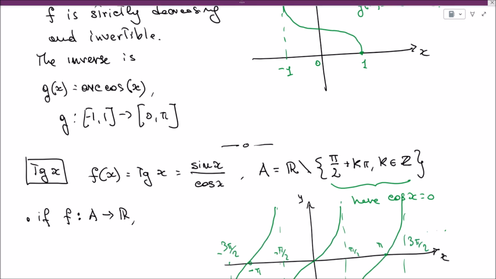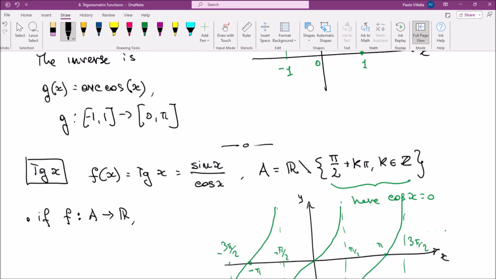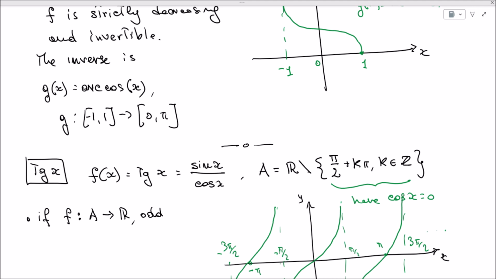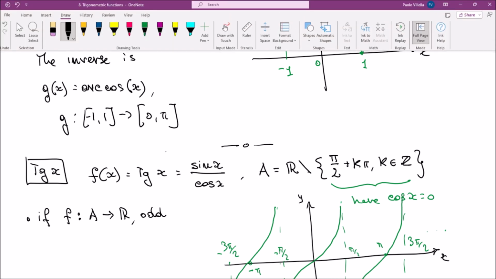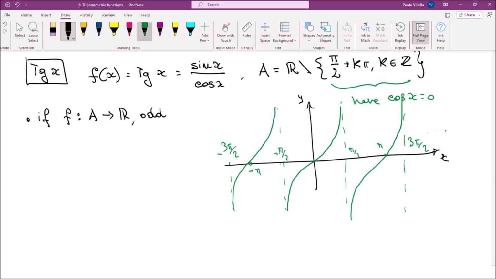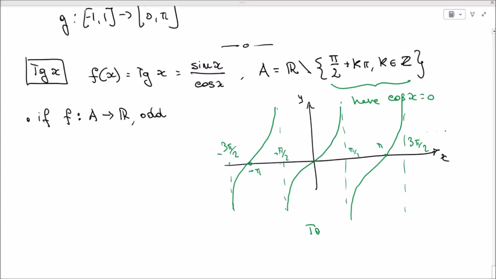So we have an odd function, because we see from this diagram that tangent of minus x is equal to minus tangent of x.